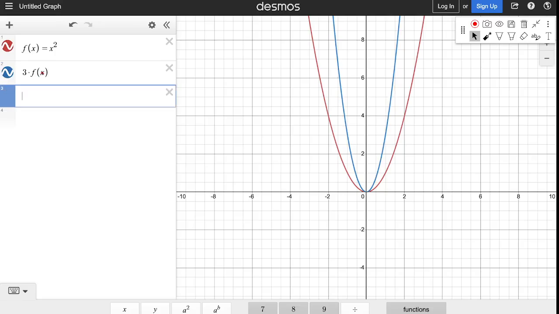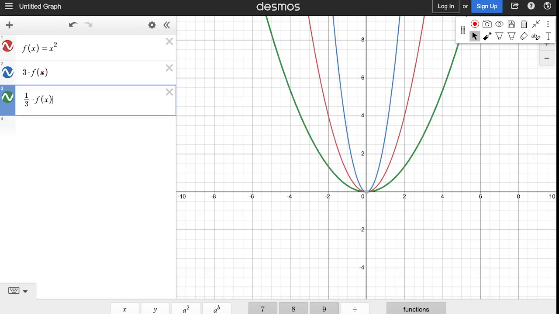And then thinking of if we were to do it by 1/3, 1 divided by 3, and then we multiply that times f of x on the outside, we then see the green representing a vertical shrinking.